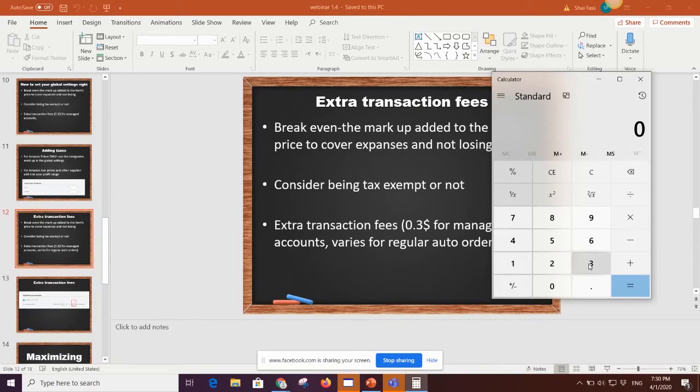I run a lot of eBay stores, so I make a lot of sales daily. Let's say I have 300 orders daily, and I pay 30 cents for each and every order, because I use the managed accounts. I pay $90 a day only for the privilege of using managed accounts.